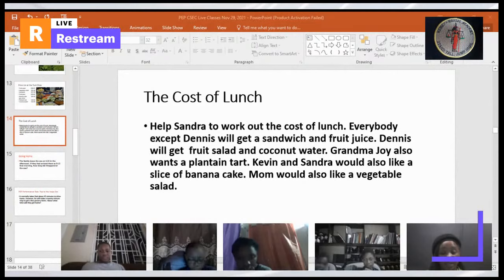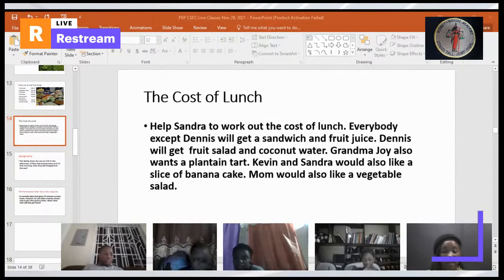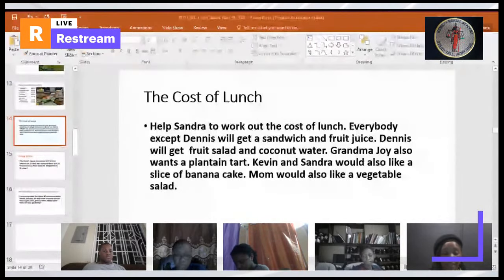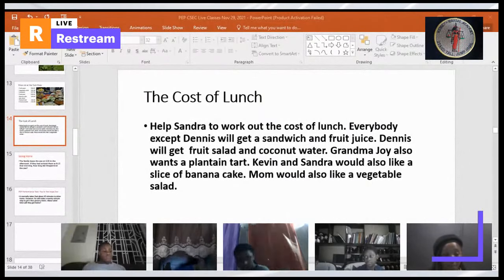Dennis is gonna get fruit salad and coconut water. And then, in addition to the sandwich and the juice, persons want some other things. Grandma wants plantain tart. Kevin wants banana cake. Sandra also wants banana cake. And mom wants a vegetable salad. This is in addition to the sandwich and the fruit juice that everybody got. Remember?